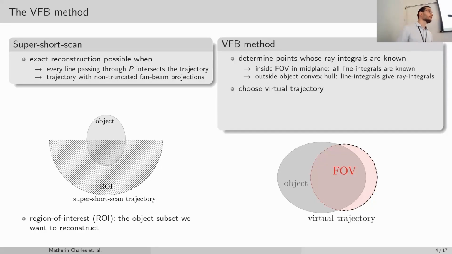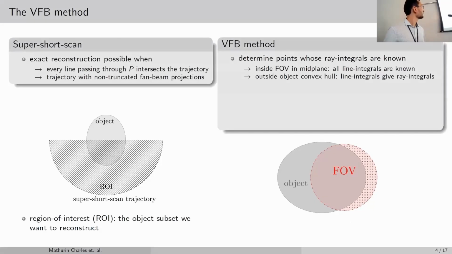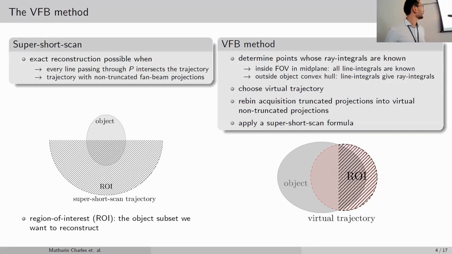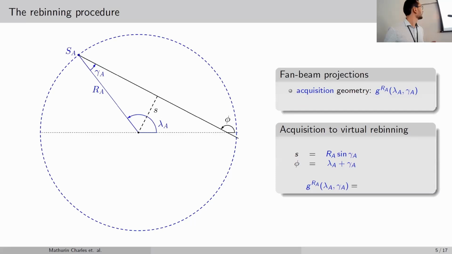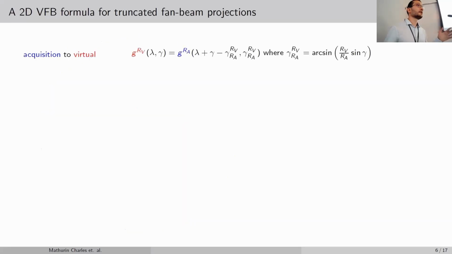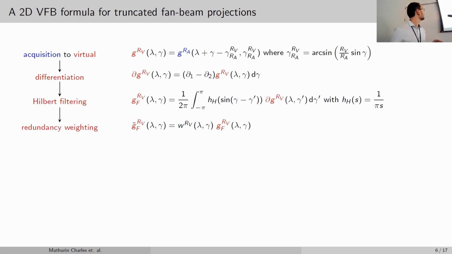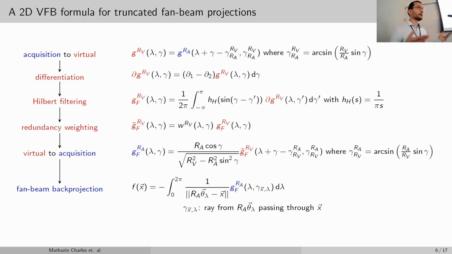I also have a question. Why do you go back to the acquisition geometry before doing the back projection? Well, this is in fact for the 3D problem. In 2D, we could perform the fan beam back projection in the virtual geometry, basically.